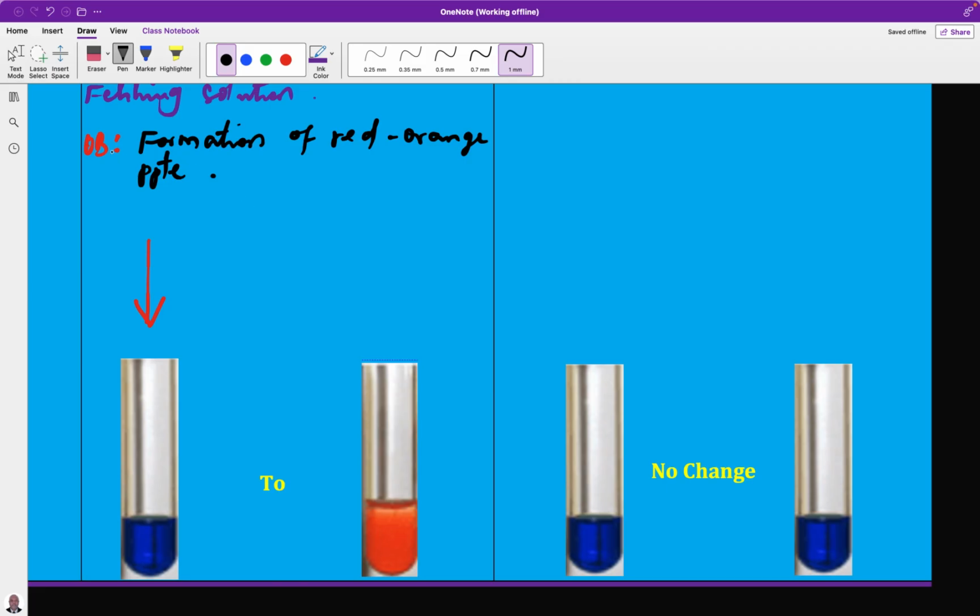The color will change to what? To red-orange color.